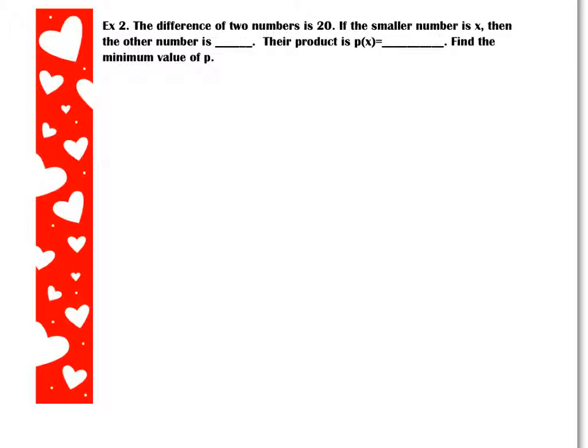Example 2 says the difference of two numbers is 20. If the smaller number is x, we'll again write an equation for the other number. Then we'll write an equation for their product. Now it says find the minimum value of p. So this problem is very similar. First of all, if we call x one number, y then is the other number.